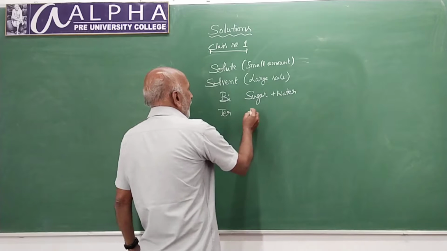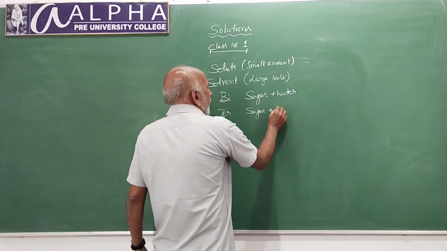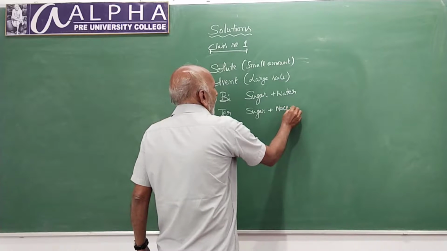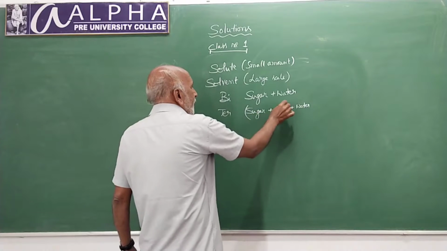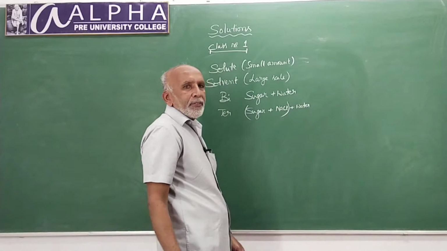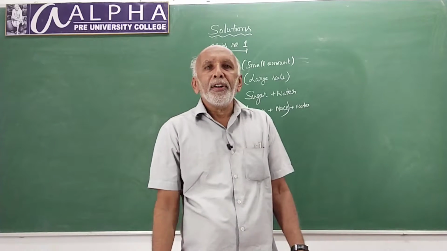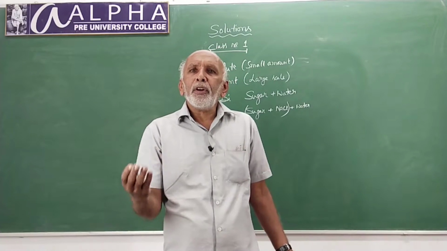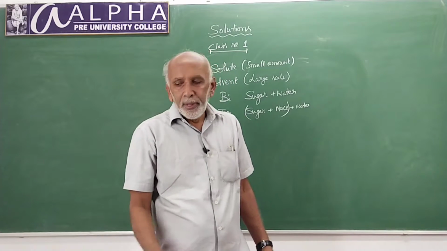Example for ternary solution: sugar plus common salt, sodium chloride, plus water. Here these two act as solute, whereas water acts as solvent. Like that, four components, quaternary solution, and so on.